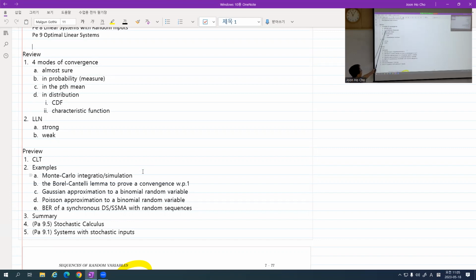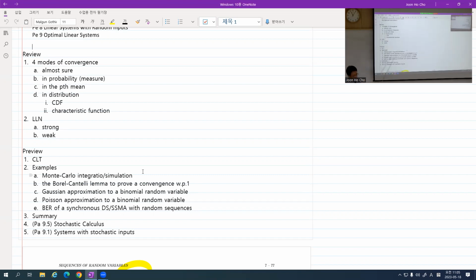The second one was the convergence in probability, or in probability measure, that corresponds to the convergence of a sequence of functions in measure. And the third one was the convergence in the p-th mean with p greater than or equal to 1. That corresponds to the convergence of a sequence of functions in the p-th mean.